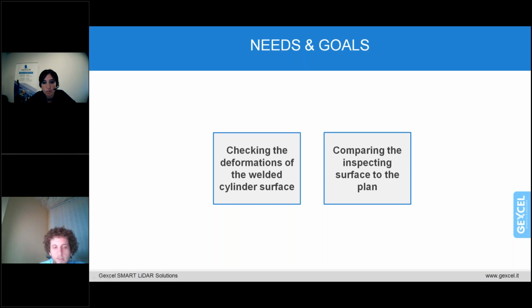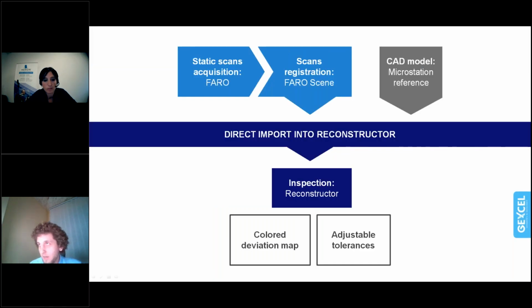Exactly. So for this project, the best way to cover it is a terrestrial laser scanner. In this particular project, we took our Faro S150, which is quite a commonly used instrument on the market, and captured all the inside of the surface.